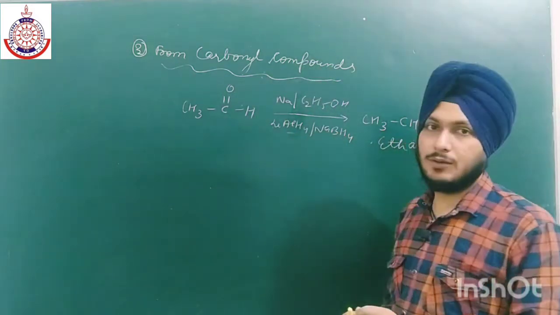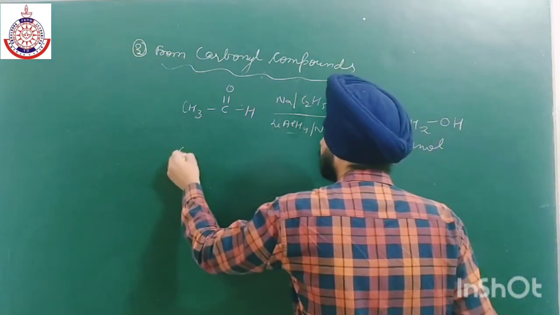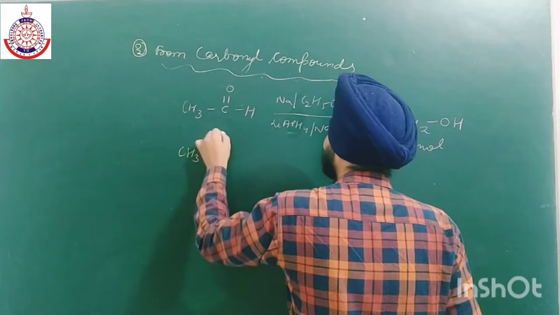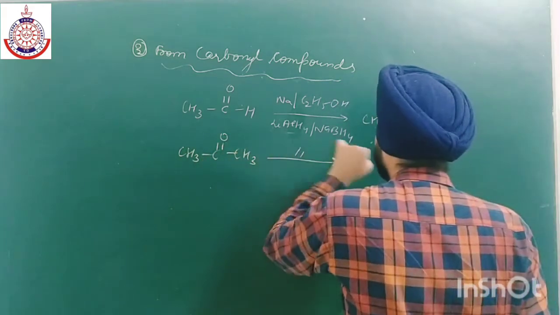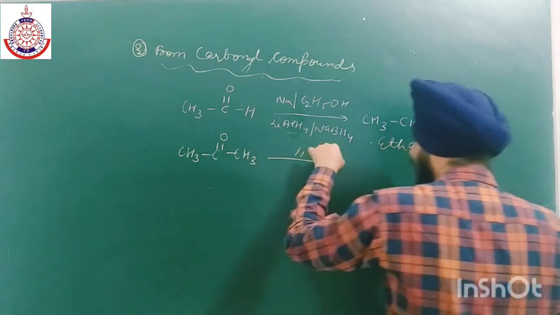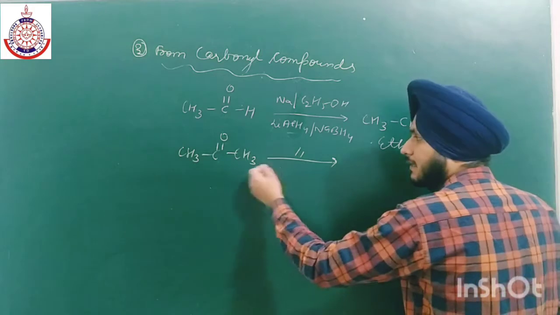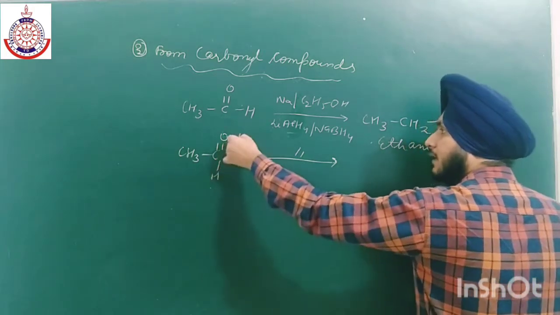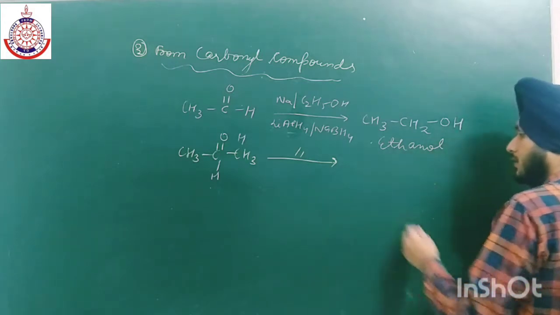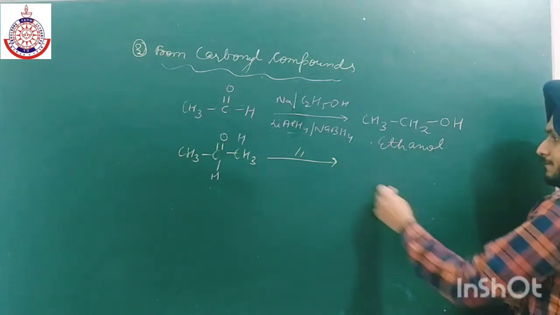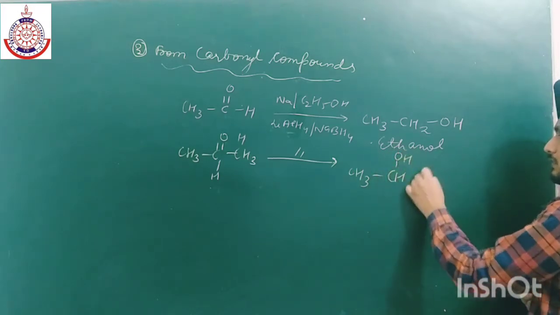And in case of ketone, let us take the case of ketone, CH3 C double bond O, reacting with sodium plus ethanol, lithium aluminum hydride, sodium borohydride. Again, one hydrogen will attach to this carbon and one hydrogen to this oxygen, and this double bond will change into a single bond, and we will get CH3CHOHCH3.